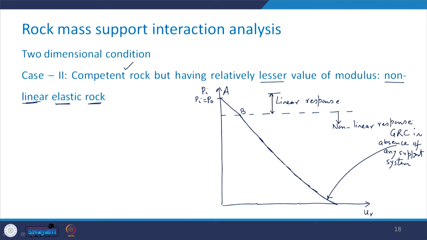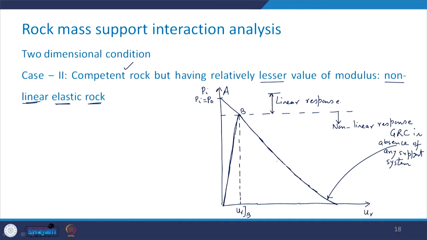Now let us say that we can allow the deformation corresponding to this point B, which is UR at B. Then the stiffness which is required, as you learnt just now, is going to be something like this. That means you just draw a straight line from this point to B.